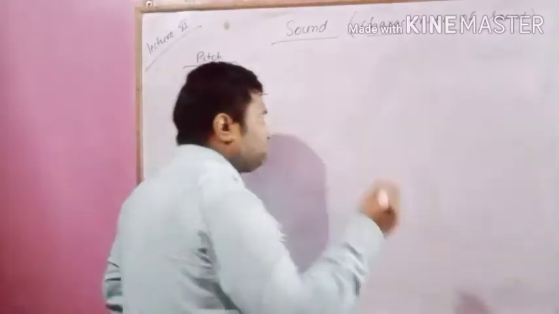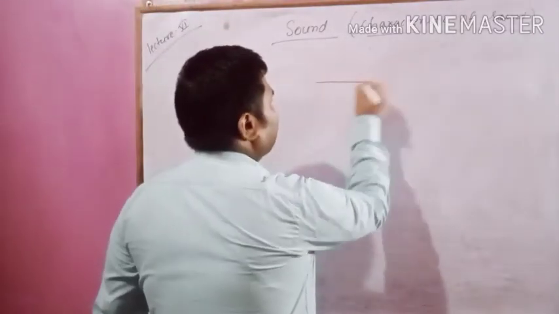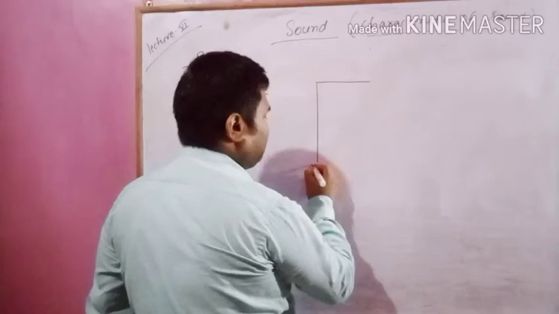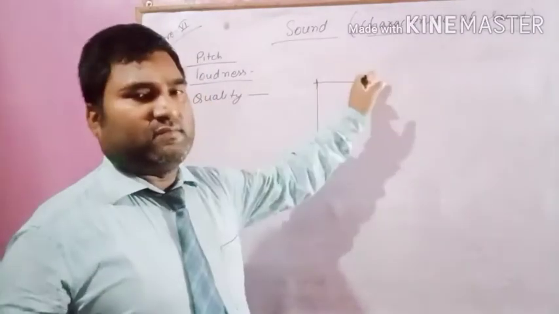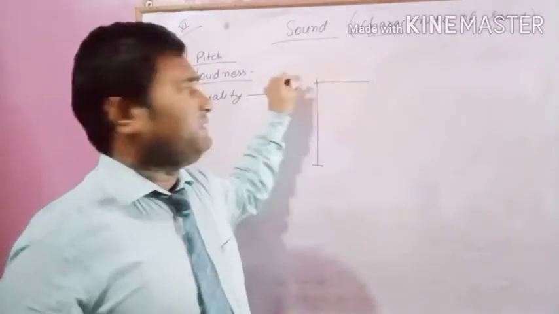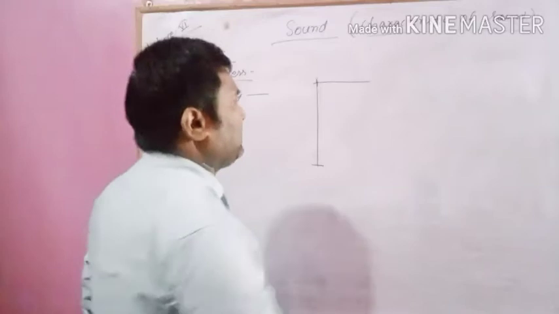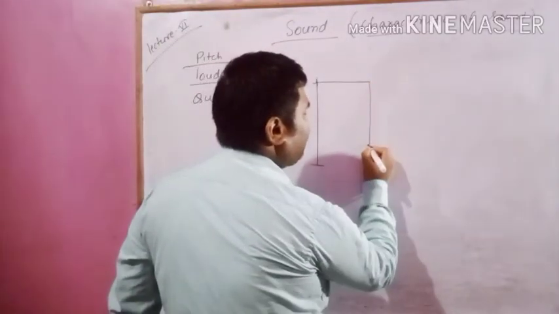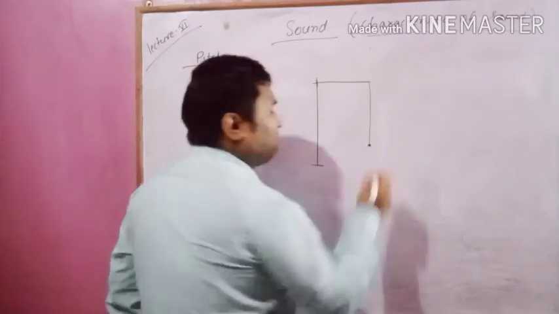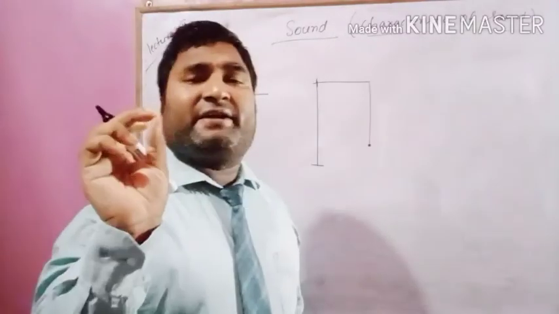See, take a stand like this. This is the stand, and place anything hard, any stick or anything, and attach it like this. With the help of a thread, attach a small lightweight ball.